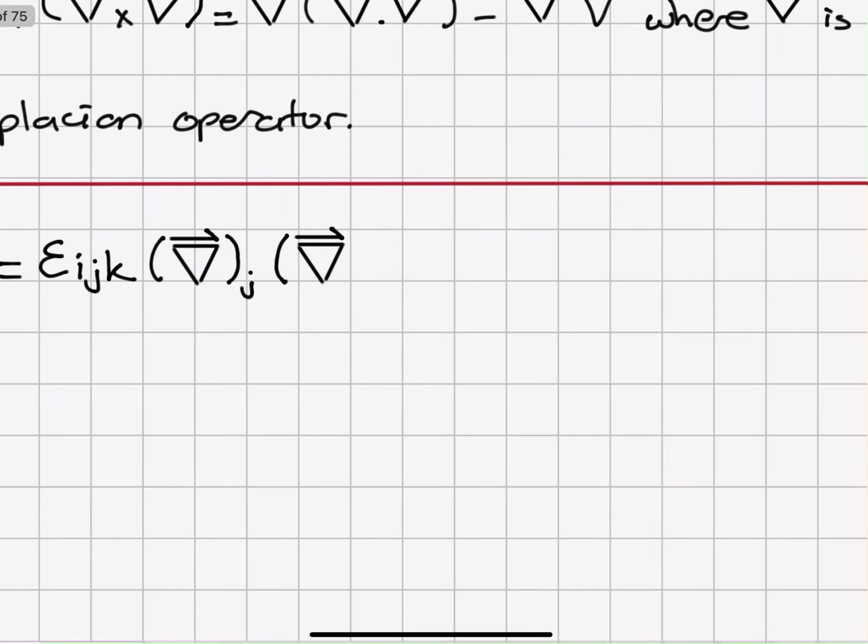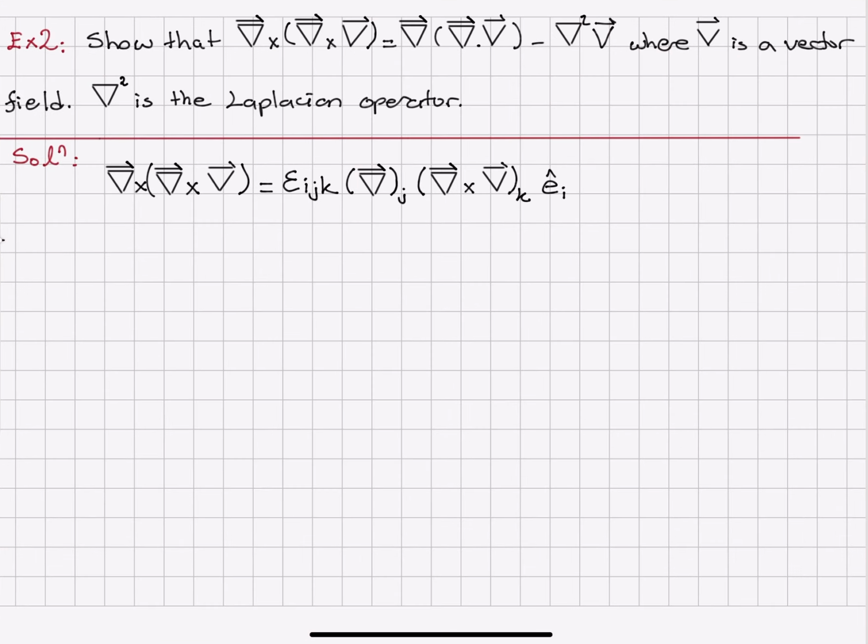So we have the second vector here, that's curl of vector field V. We're taking its kth component, and this has to be in ei hat direction. So first vector, epsilon ijk, jth component of the first vector, kth component of the second vector, which is curl of V, and then we have ei hat.